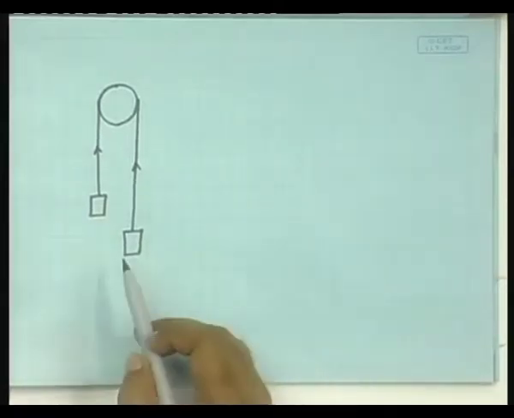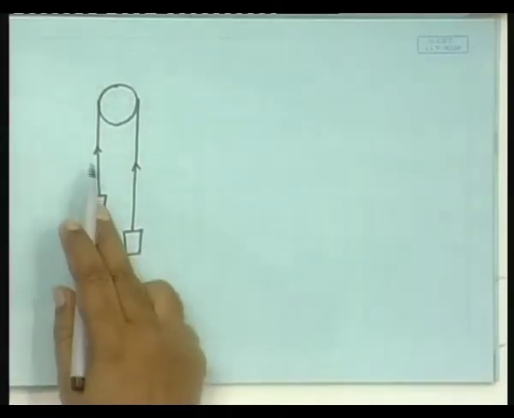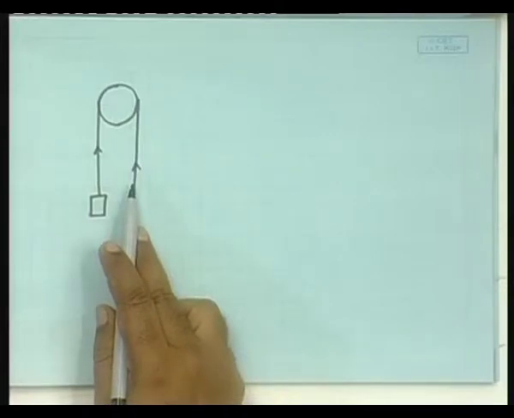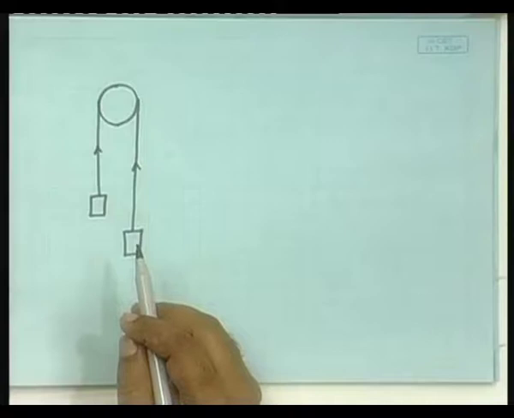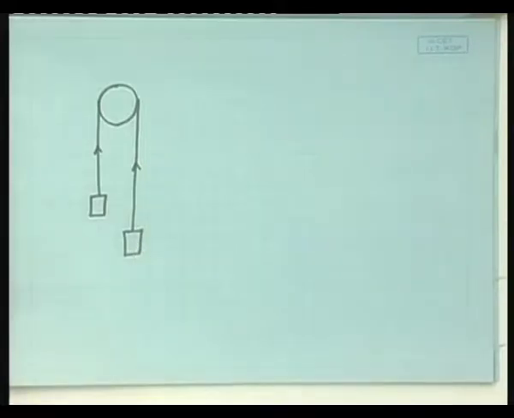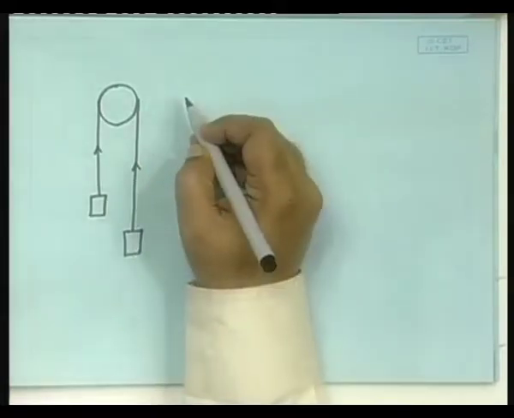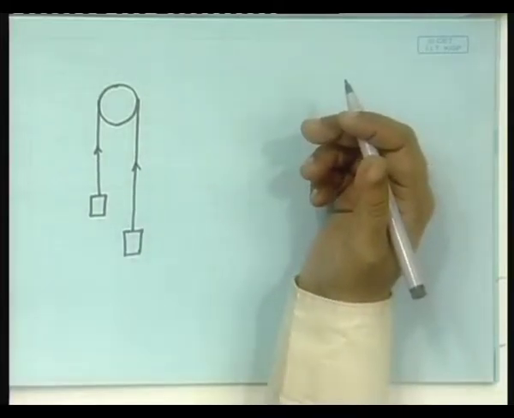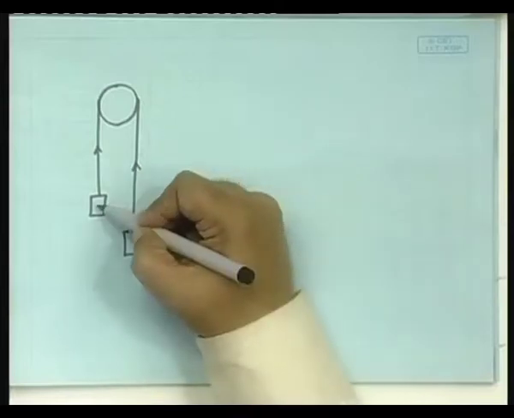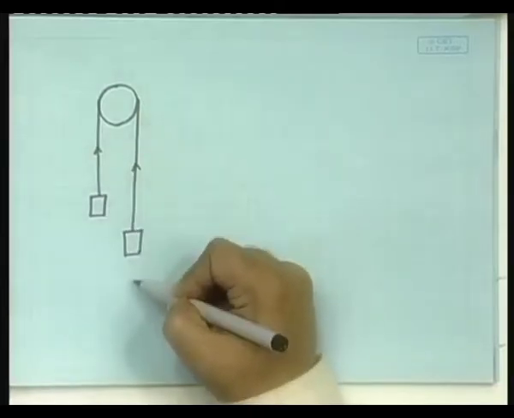What is important is that written in the Newtonian way, you will have to consider these two tensions, and written in the Lagrangian way, we can right at the beginning forget about them. So, first question, how many generalized coordinates do we need in this case? Only one, because the moment it goes up, it has to go that amount down.